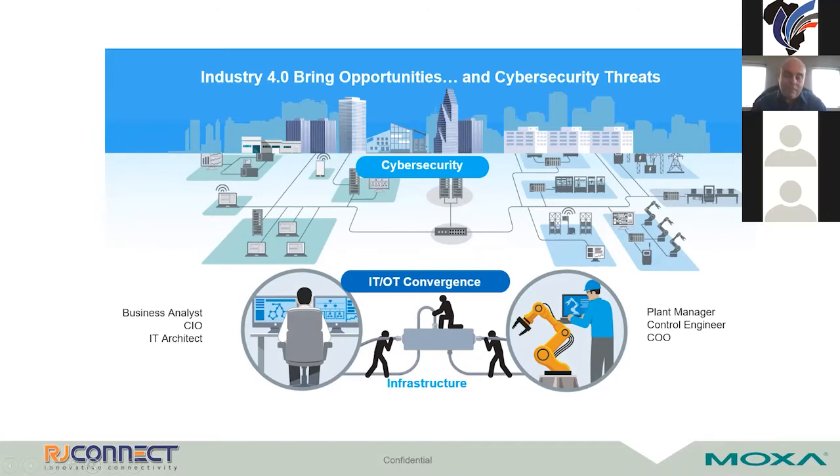They are definitely having to interact more and more today. Because they're interacting more and more, the risk becomes higher and higher, as the risk to your OT network as well as your IT network starts to join.